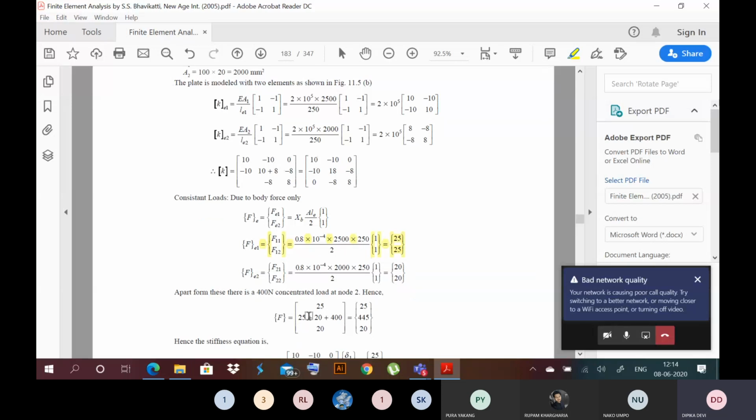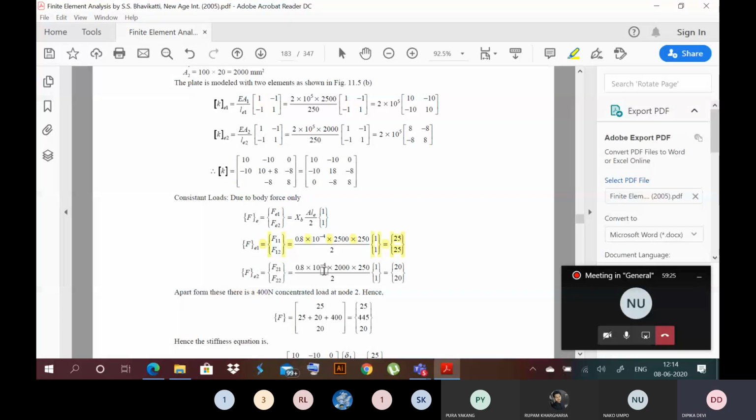Okay, so if we add them, you see here, then the global force vector will be as follows. At node 1, the consistent load vector due to body force is 25, and at node 1 there are no other forces, so it is 25.